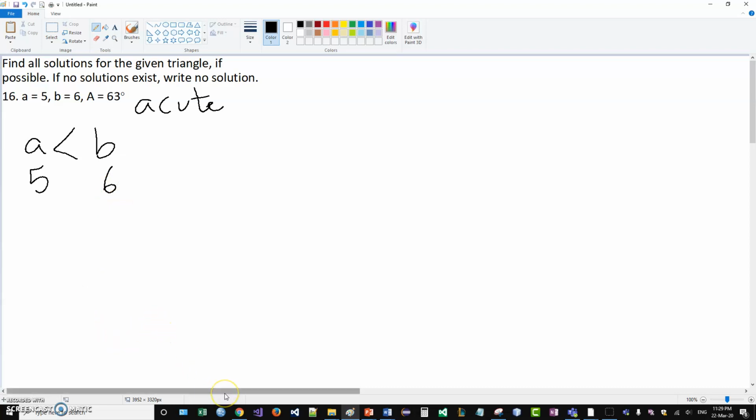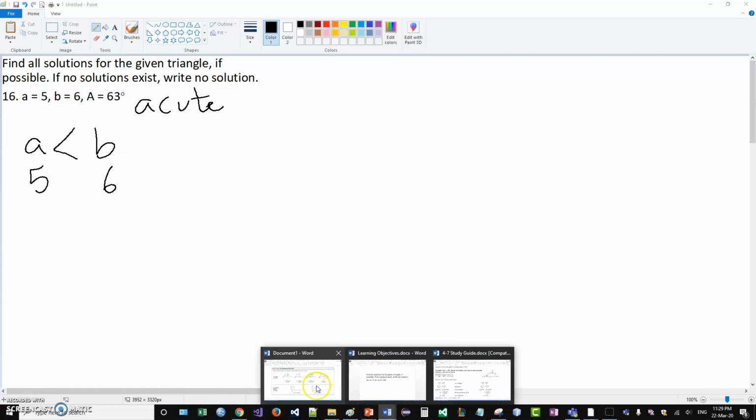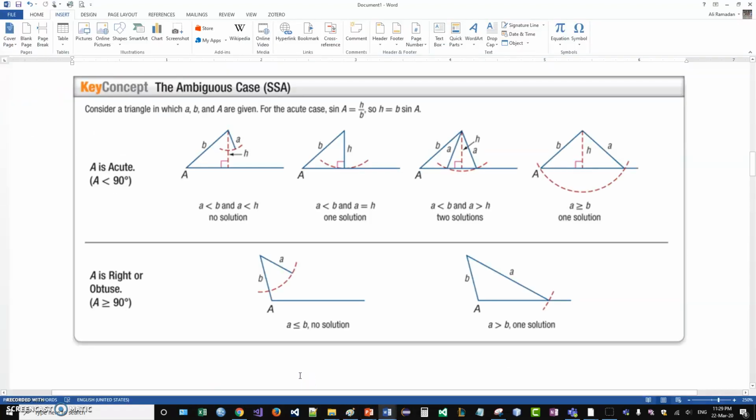So in that case, let's look at what the table says. Angle A is acute and A is less than B. Now we have to check if A is less than the height. So let's do that.